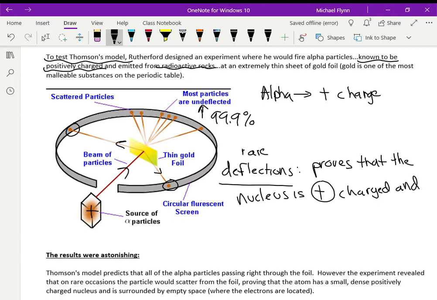And since most alpha particles miss, the nucleus must be very small. And therefore the atom is mostly empty space.